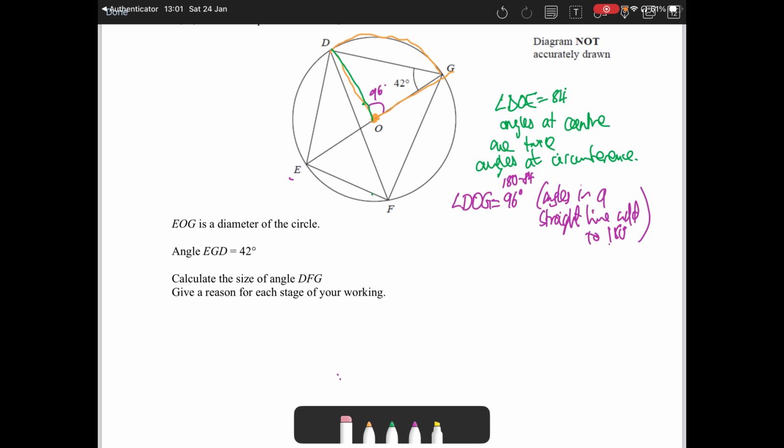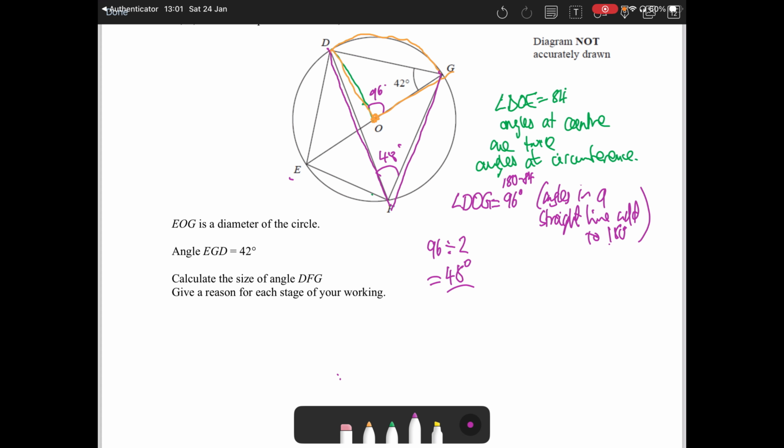Now, angles at the center, we've already said this, are twice angles at the circumference. So using the two endpoints D and G, I'm going to draw a straight line from D, from G, but instead of the center, I'm going to go to the circumference. And what do we know about that? We know that angles at the circumference are half. So 96 divided by 2, would you believe it, is, yes, you guessed it, 48 degrees.